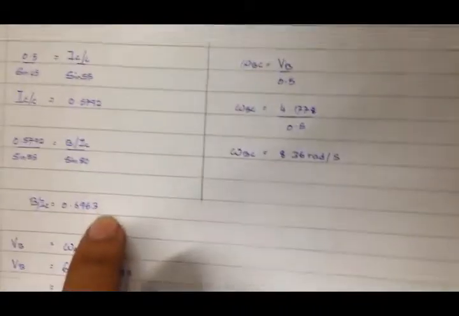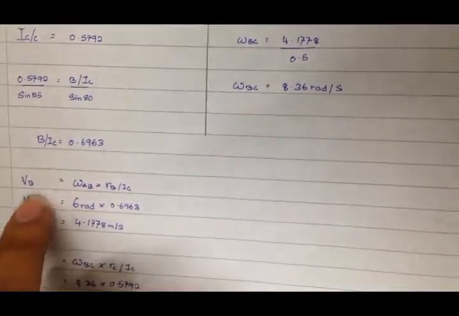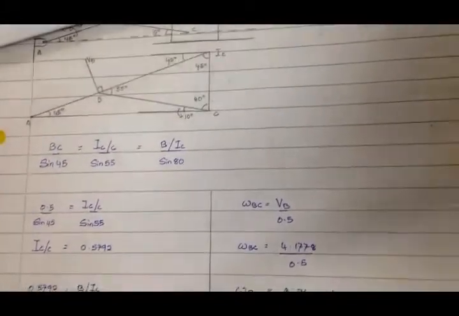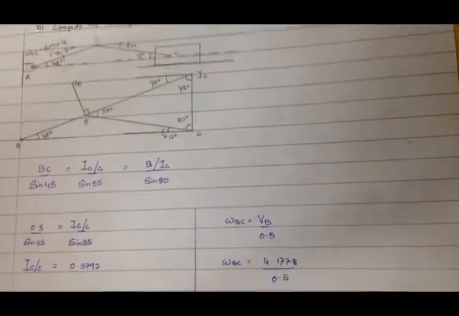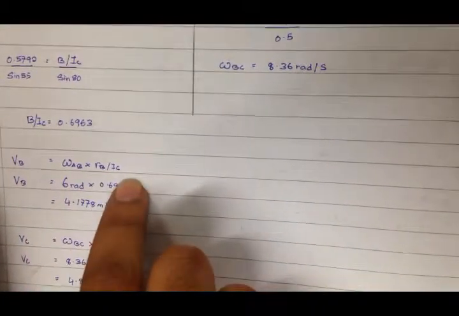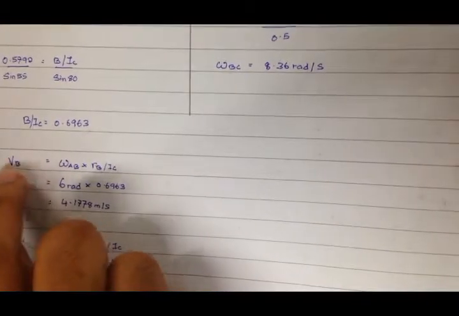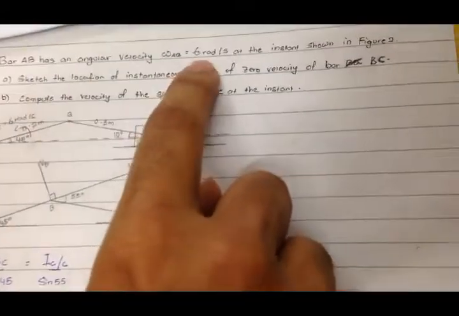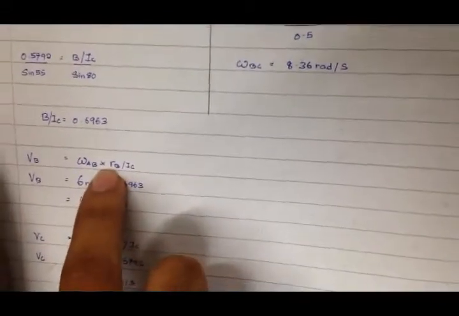Next, we must find the velocity at B. Why are we finding the velocity at B? Because B contains more of the information than C. We can find the velocity at B using this formula, which is angular velocity times the radius. In this case, the velocity at B is equal to the angular velocity of AB, which is given in the question as 6 radian per second, times the radius that we just found in the cosine rule equation.